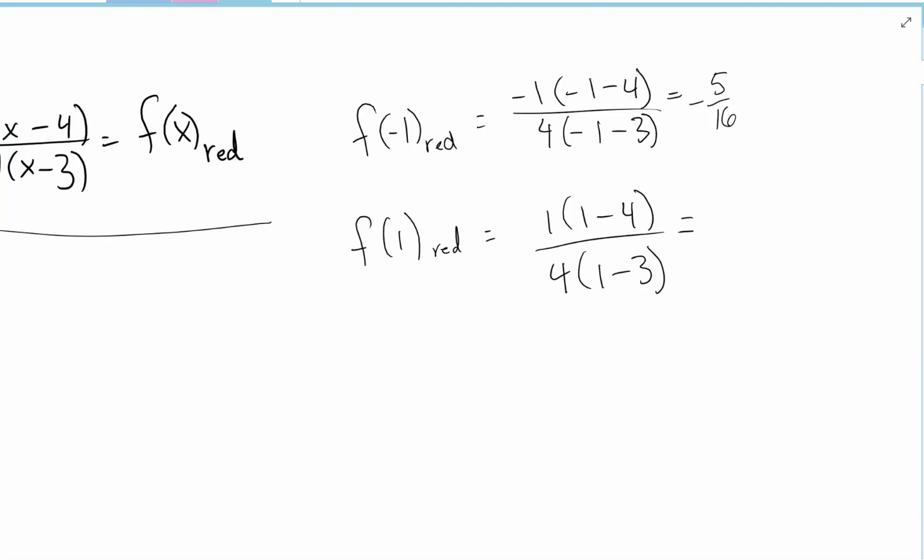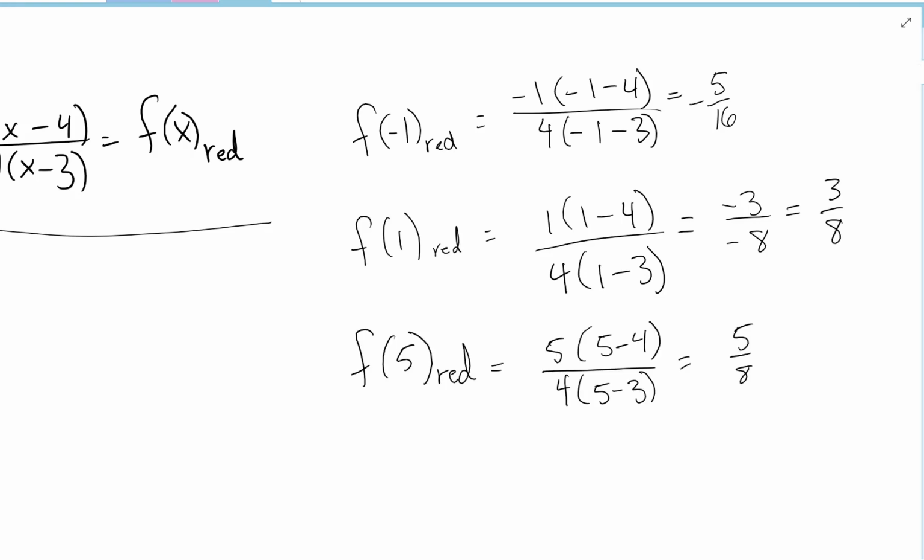That gives us negative 5 over 16. When we plug in positive 1, negative 3 over negative 8, which is 3 over 8. And when I plugged in 5, I got out 5/8. I'm going to plot these 3 points on my graph now.